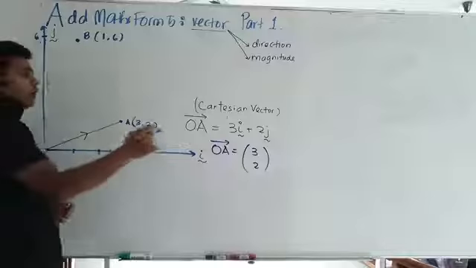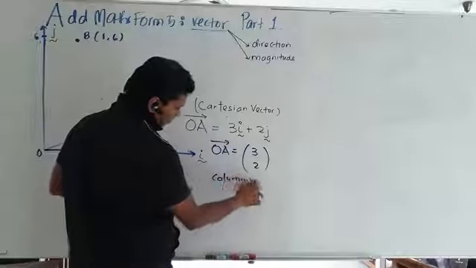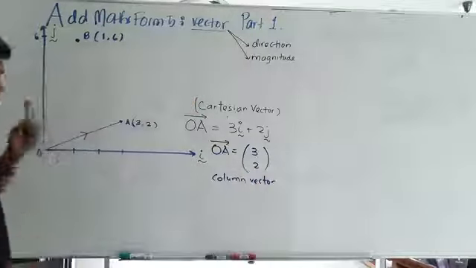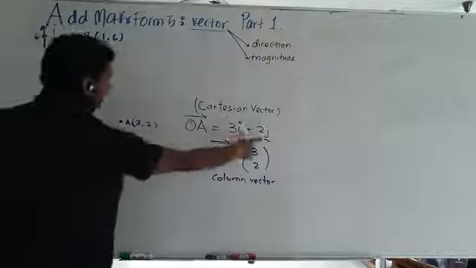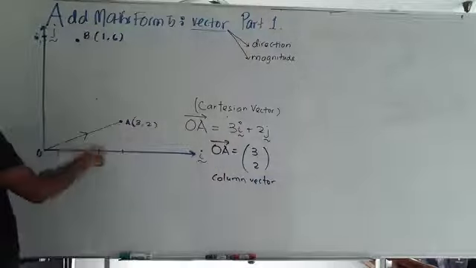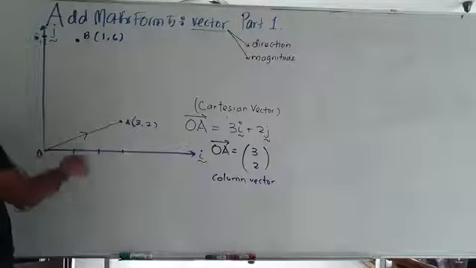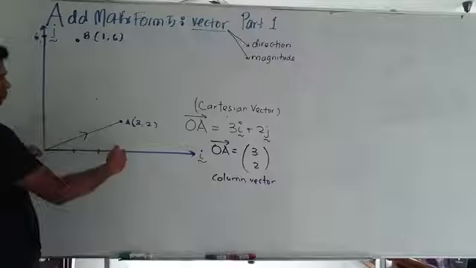That's called a column vector. So there are two ways we can write or show a vector, and one is using i and j. What's an i? i is the x-axis, the horizontal axis. How many times? What's the coordinate? 3. How many movements? 3.